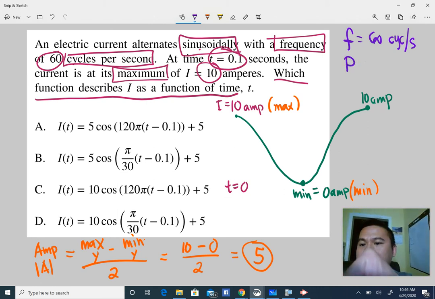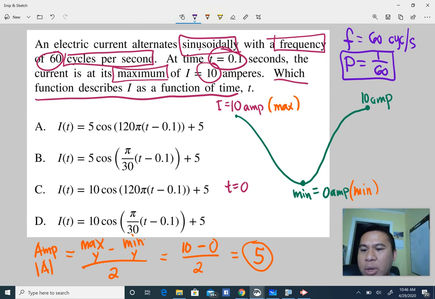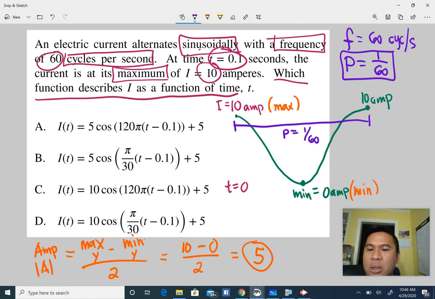Then we can say that the period is 1 over 60. So from this point to that point, the period is 1 over 60, meaning it took 1 over 60 of a second per cycle.